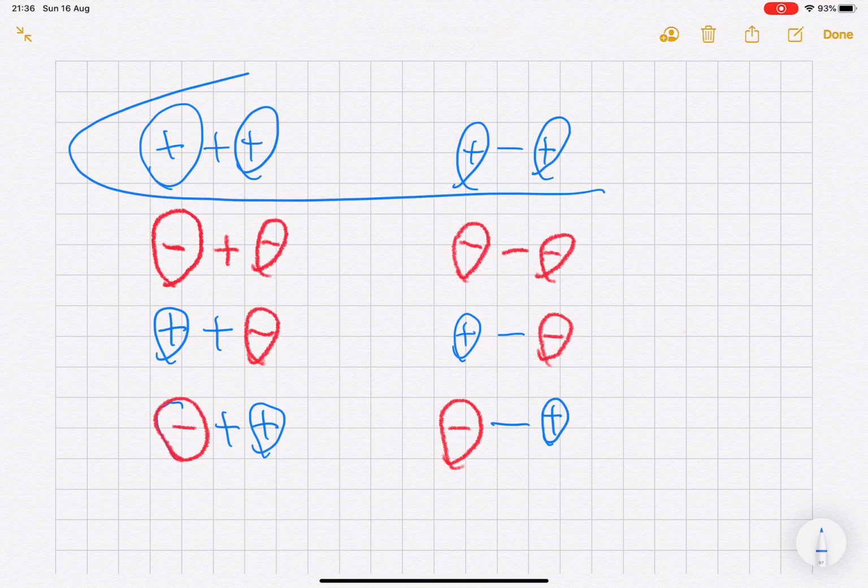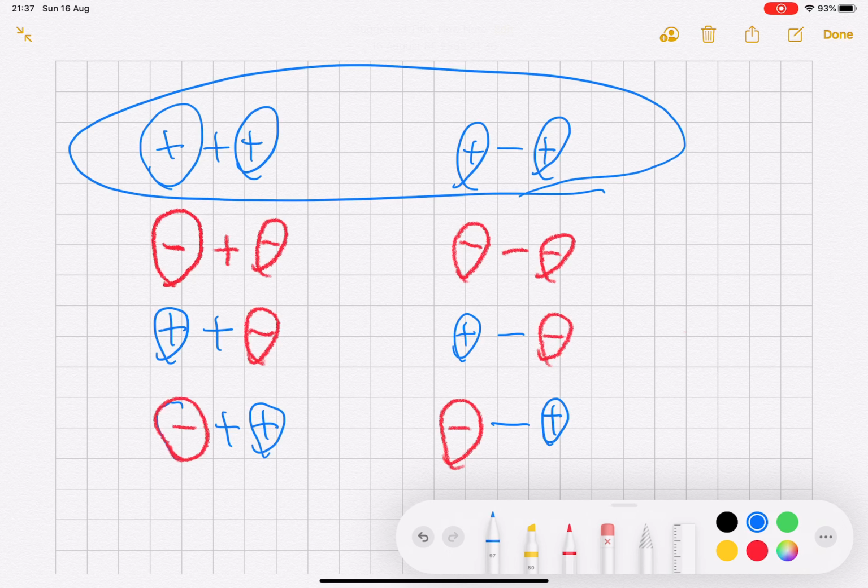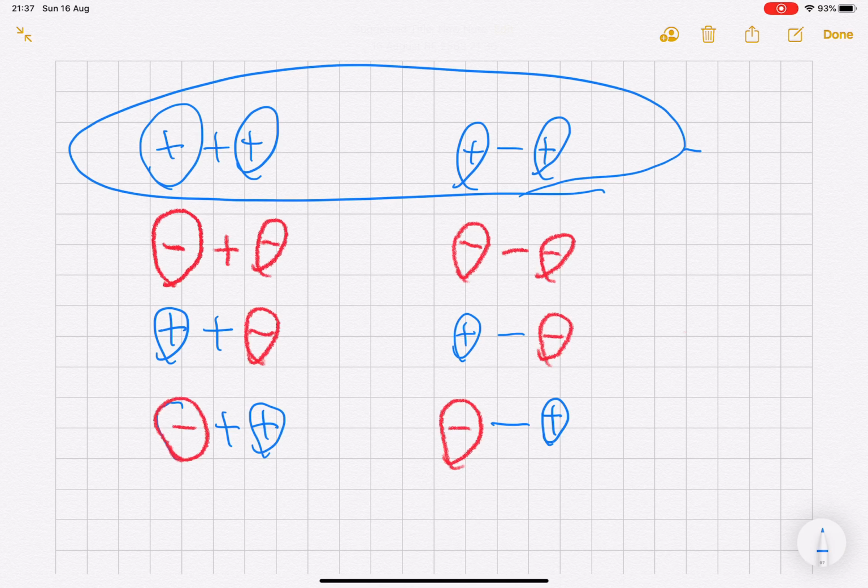So the first two you already know, so let's move on to the others. I know it's a great one, but this is in grade 7 too. Always remember that minus and minus combine.